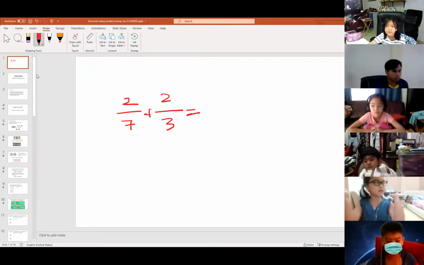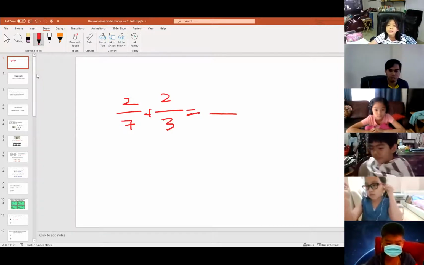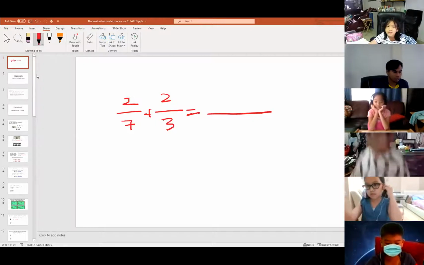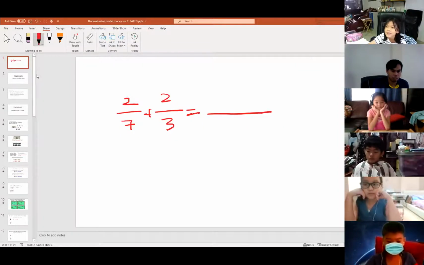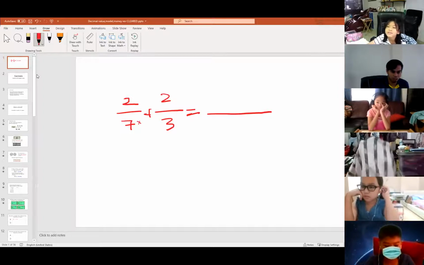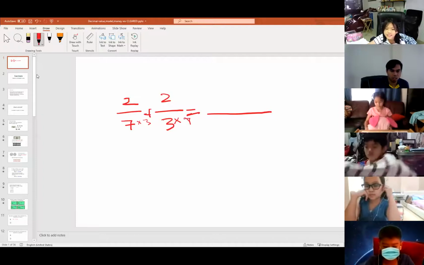Make the denominator common. Okay, common. So how do we do that? Multiply. Multiply the denominators. Okay. So 7 times 3, right? And 3 times 7.